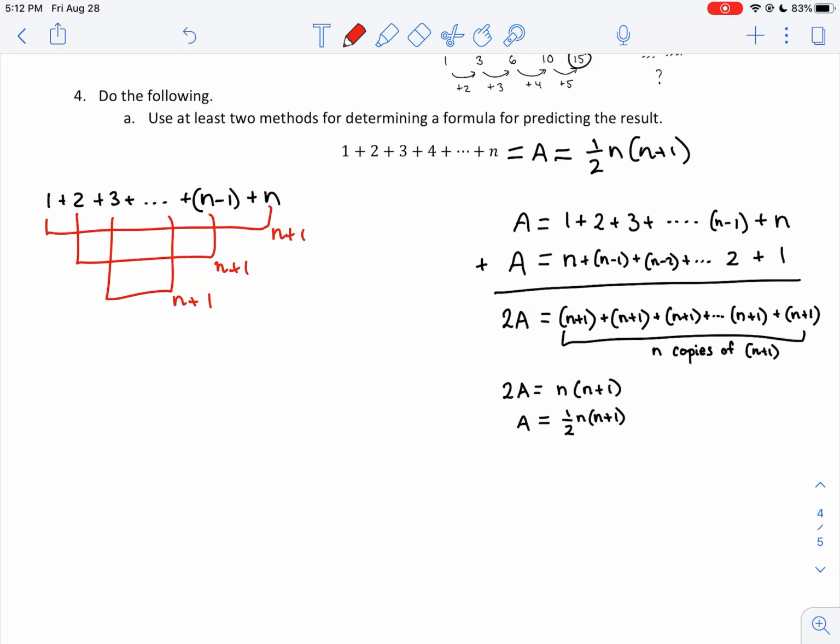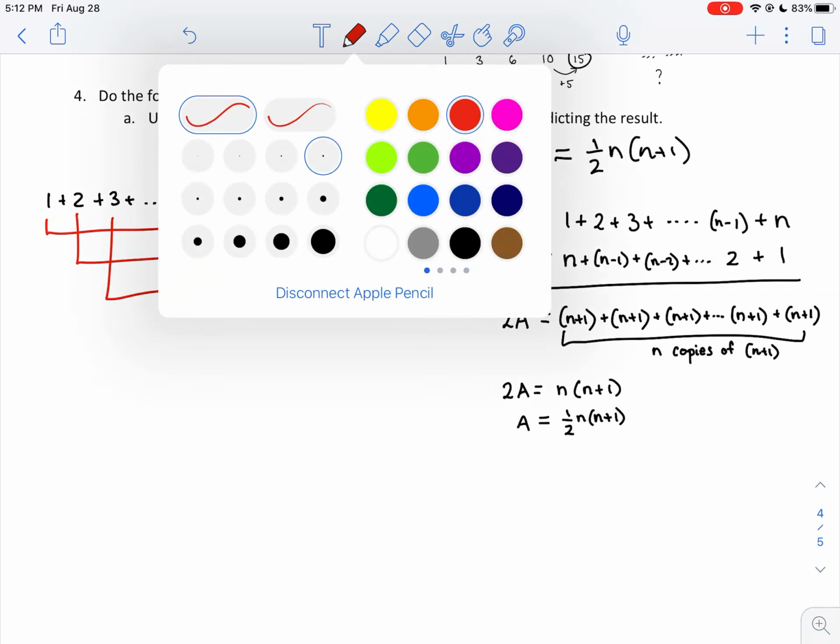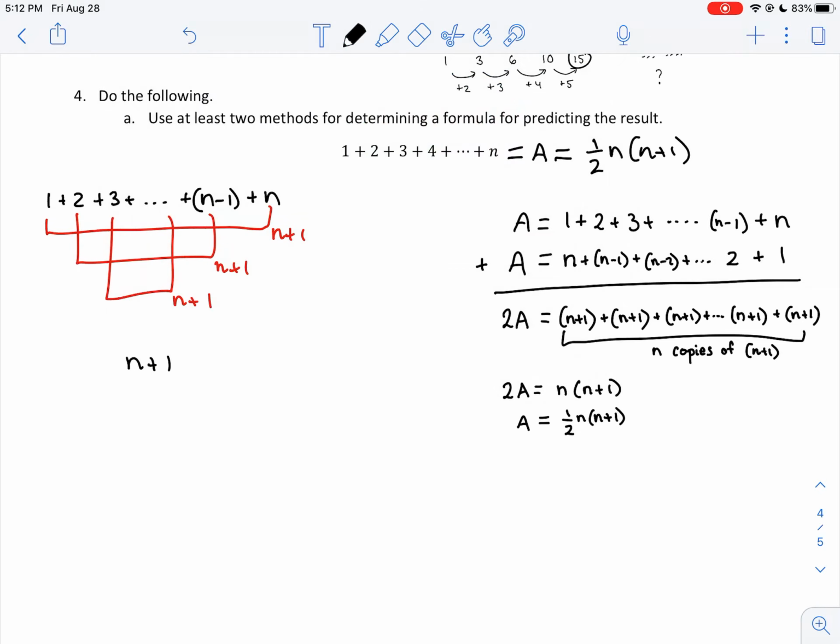So if you group them in pairs and add them together, you get n plus 1. And the question is, how many pairs do you have? Well, you had n numbers, and you paired them off, so divide that by 2. And this gives you a formula for seeing what the total actual sum is. You just added them in a different way.